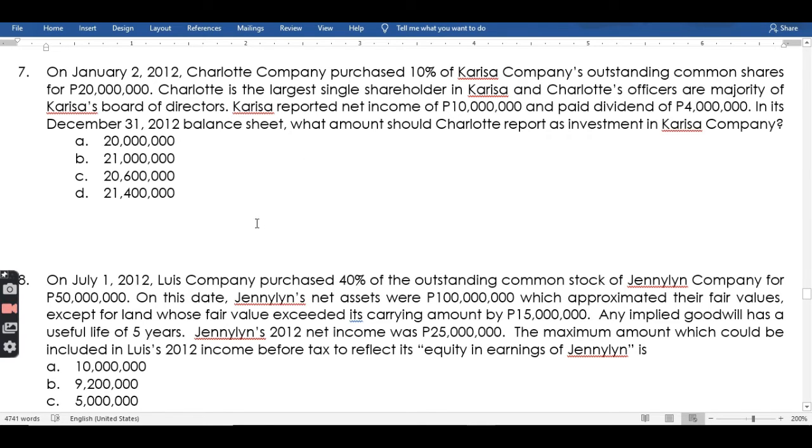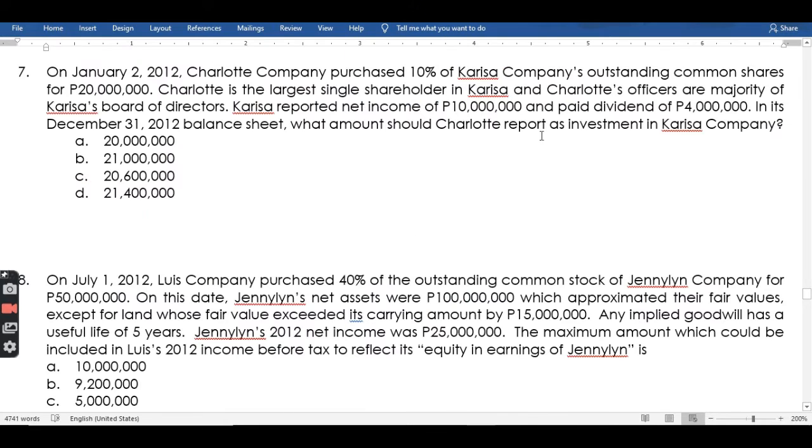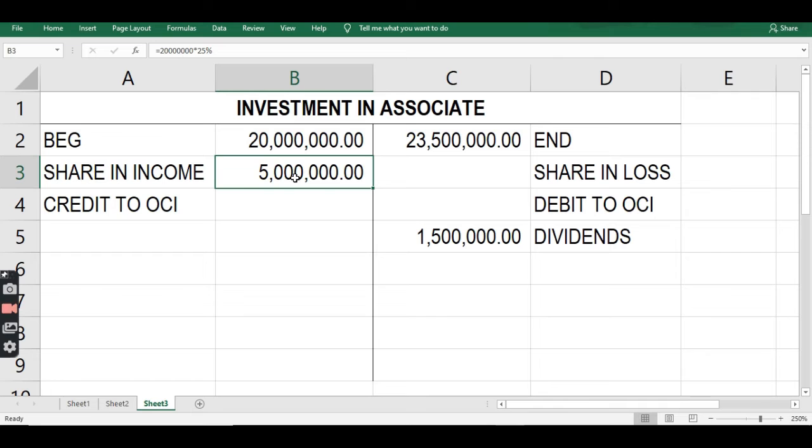So, ang tanong ngayon dyan, ano yung amount? So, ang gagawin muna natin, i-plot natin yung mga information. So, 20 million daw yung ating beginning. Pagkatapos, nag-report ng net income na 10 million. So, that's going to be 1 million na lang.